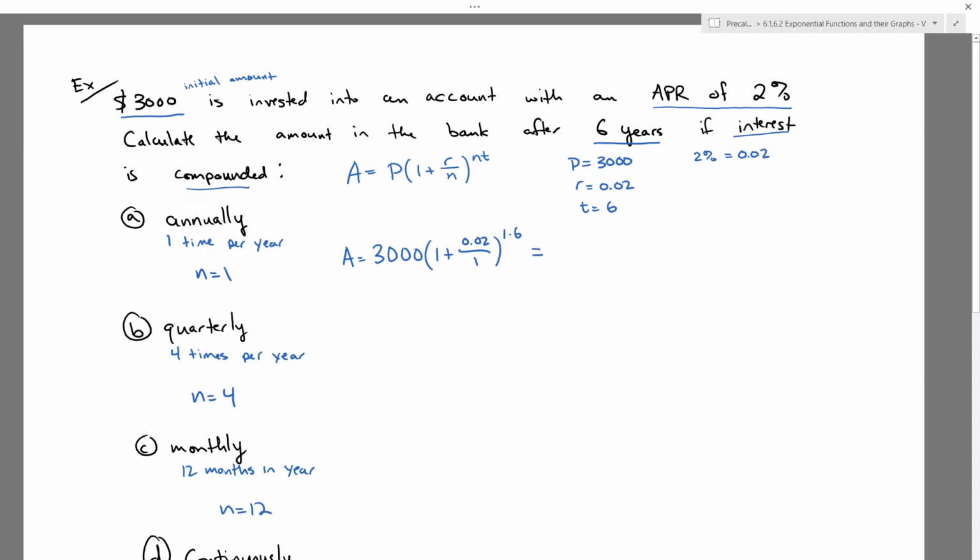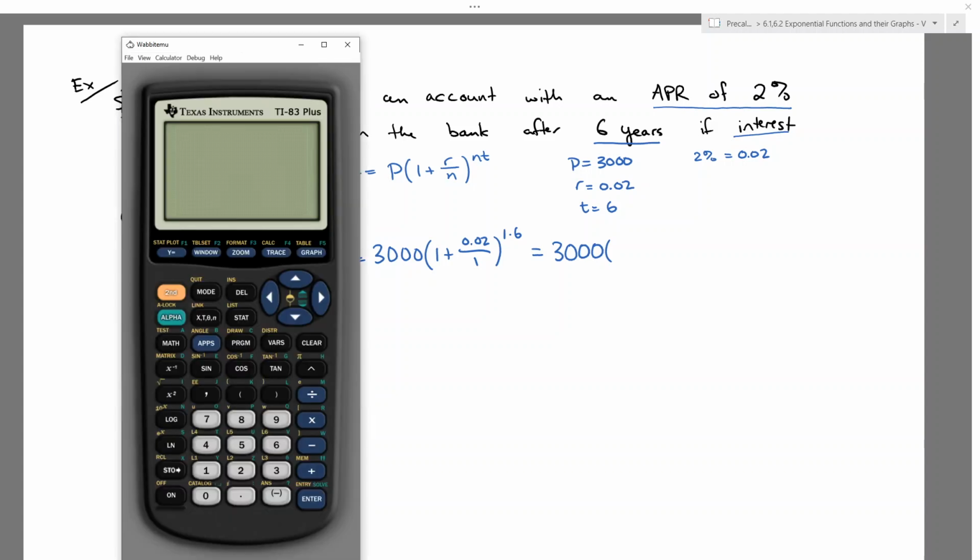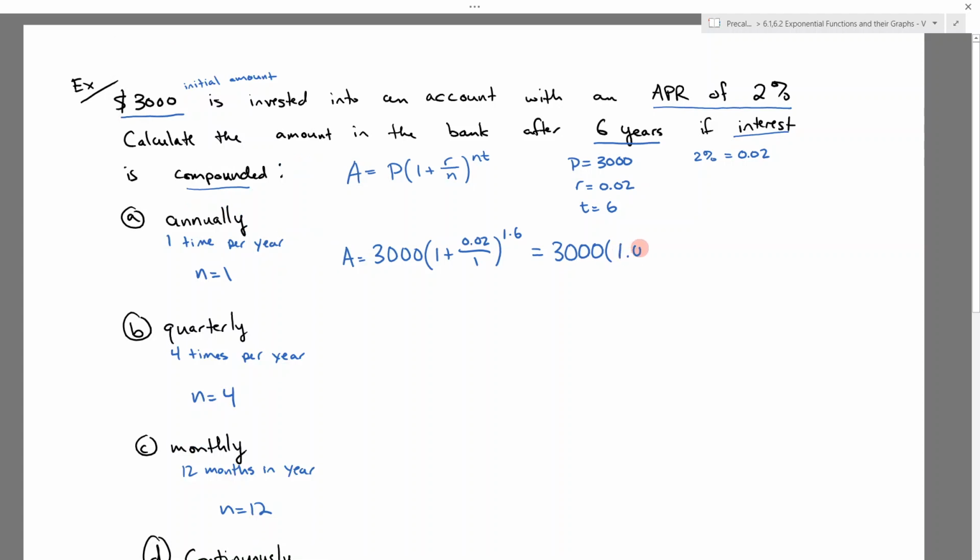So now we calculate. So 1 times 6 is just 6. And let's also calculate this thing. 1 plus 0.02 divided by 1 is equal to 1.02. 1 times 6 is 6.